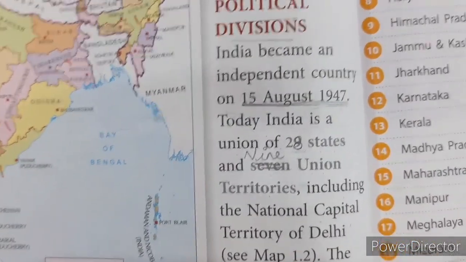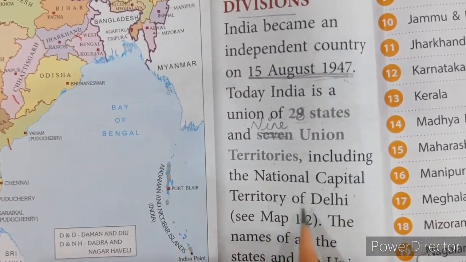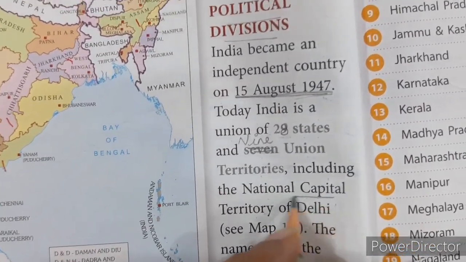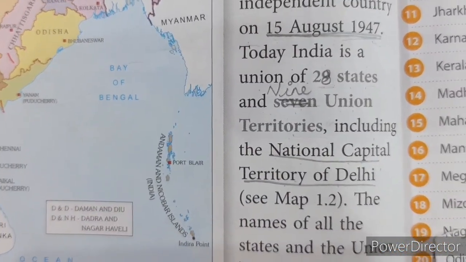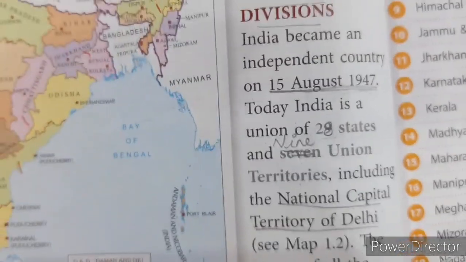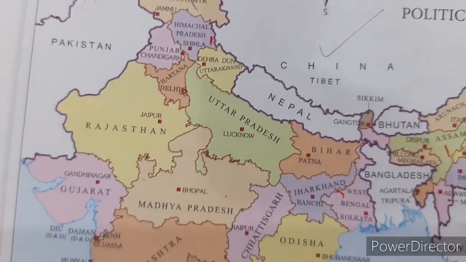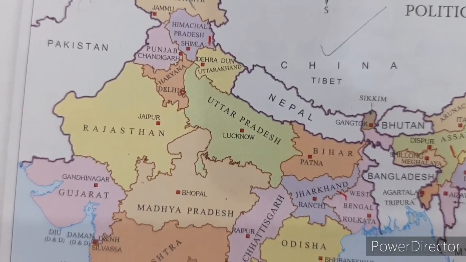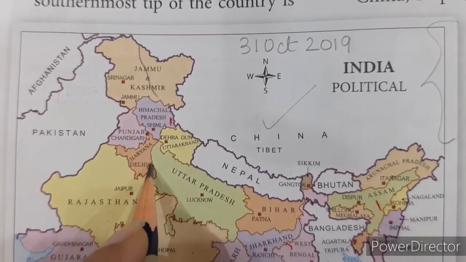Children, now we have also read about the National Capital Territory of Delhi. That means the capital of India is Delhi, and it is also a union territory. Can we see Delhi here? Children, observe the map again. Yes, Delhi is this.